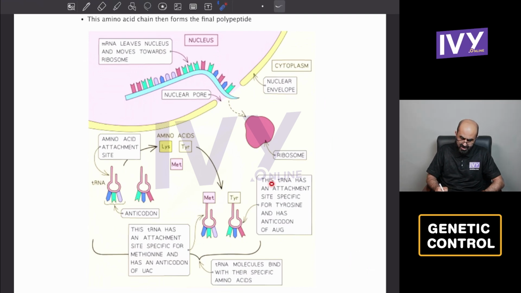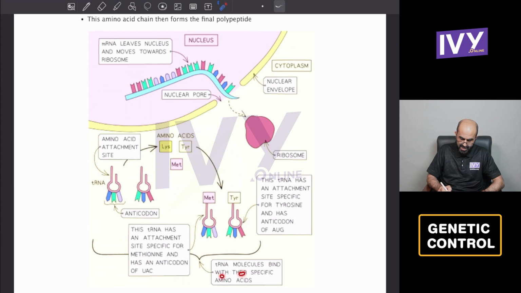Similarly, this tRNA has an attachment site specific for tyrosine. Why? Because it has an anticodon AUG. So here we have the AUG. This AUG attracts tyrosine, and this UAC attracts methionine. So the amino acid is following the anticodon, and the anticodon is following the codon on the messenger RNA.